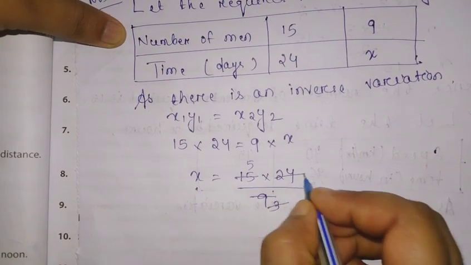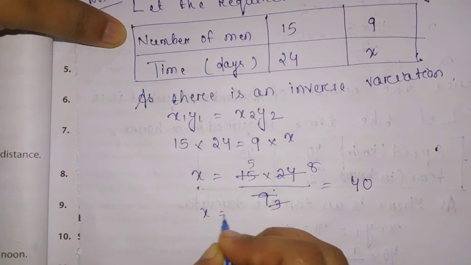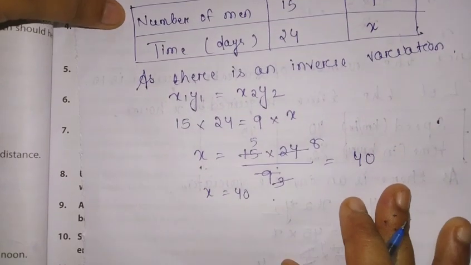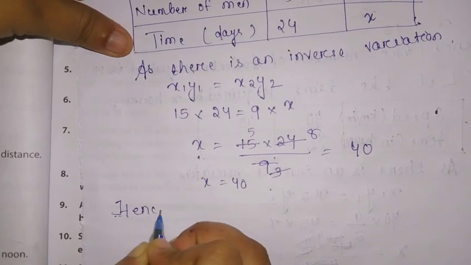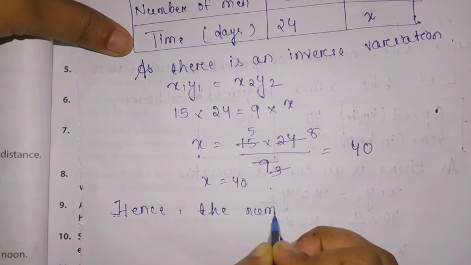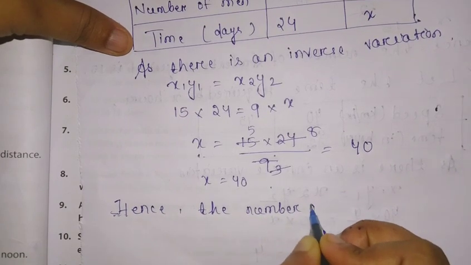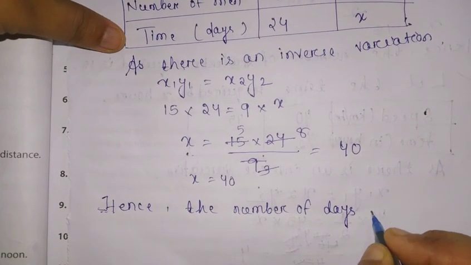Then 3 eights are 24. 8 fives are 40. X equals 40. Hence, the number of days required is 40.